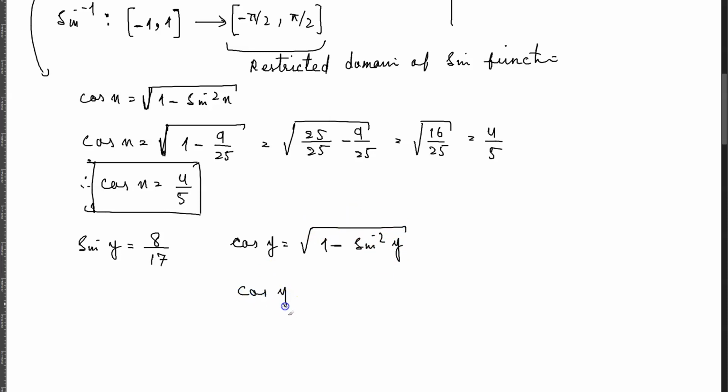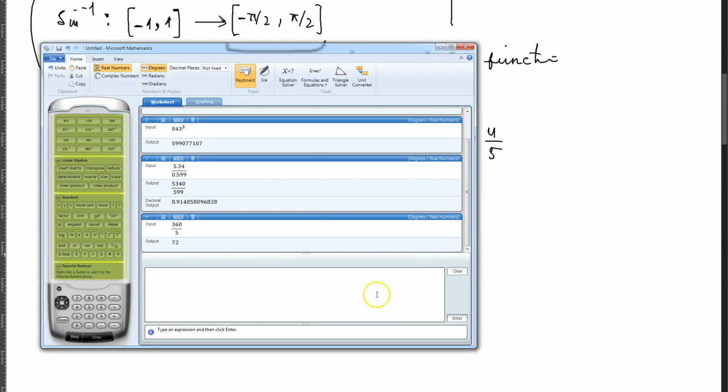So cos of y is equal to the square root of 1 minus 64 by, I don't know, 17 squared is equal to some large number. I don't really know what that is. I used to know that.